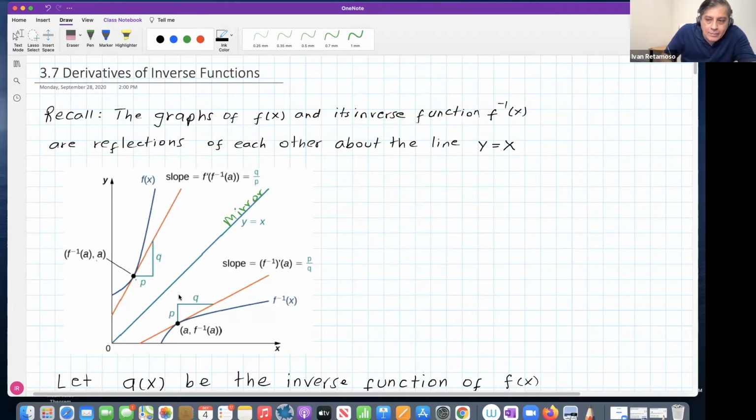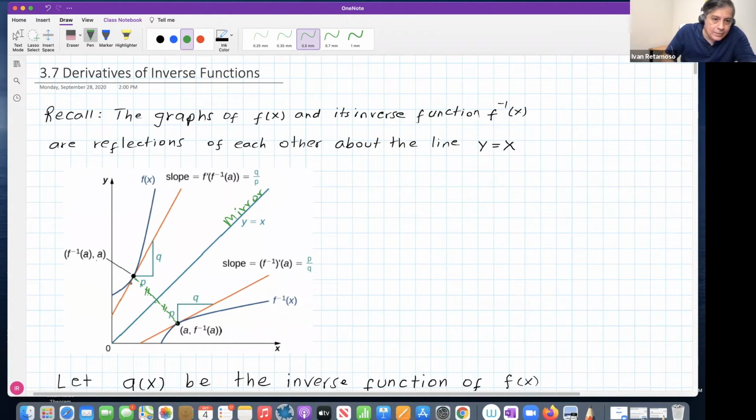And that can be clearly seen when you draw a perpendicular here. You continue the same distance, right? For this point, there is a corresponding point over here. Very good.